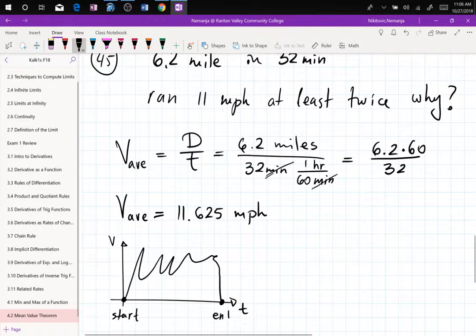Eventually, this is the end, and the velocity is 0 again. So somewhere is an average of 11.625. So the runner was running faster than 11.625. Maybe even up to 20 miles per hour. I don't know. But the trick is that you can see that at least once or twice, right? Because you have to surpass the average and then go back through the average to go to 0.